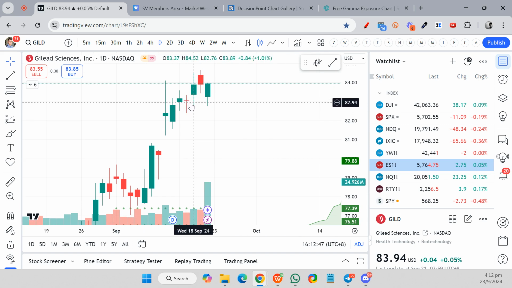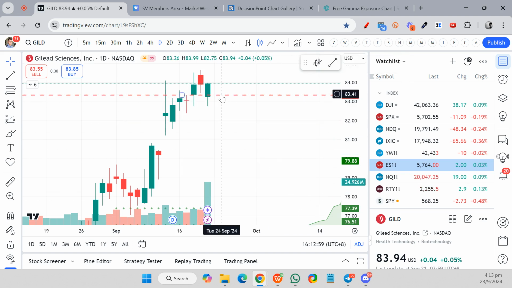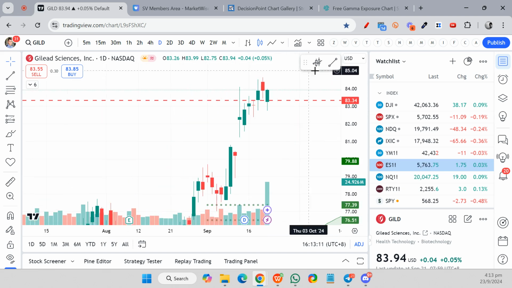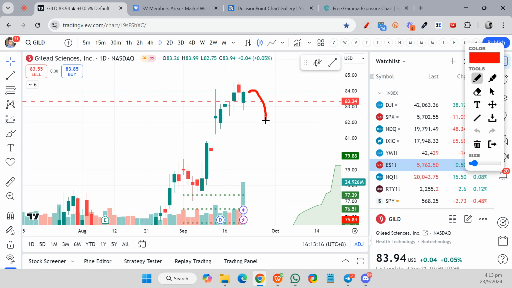The prior day high is on Tuesday, 17th of September. That will be the wash line. The high is 83.34. So you can see that it is still staying above the wash line. On Friday, it tried to dip below, but eventually price closed above the wash line. So let's see whether this coming week or so, Gilead Sciences will come down. This is GILD for Gilead Sciences.